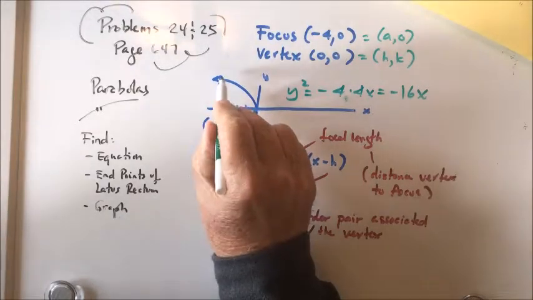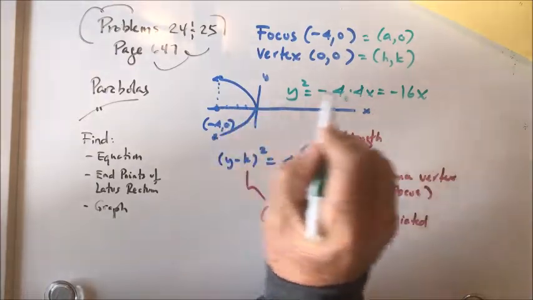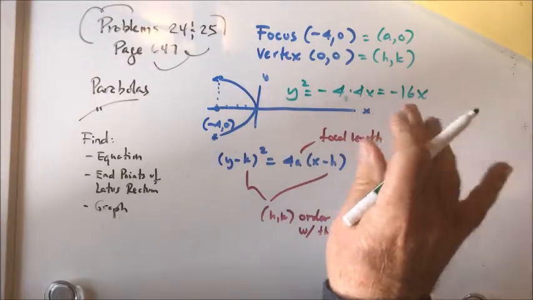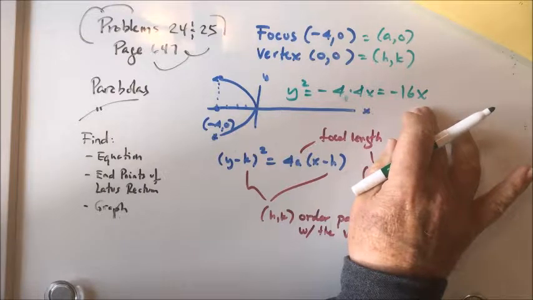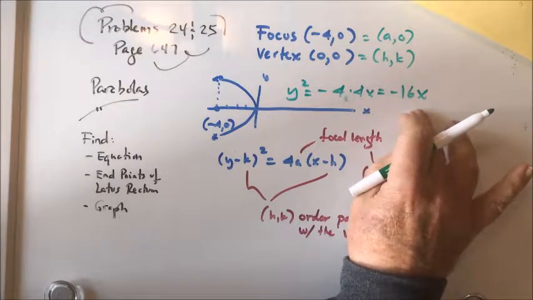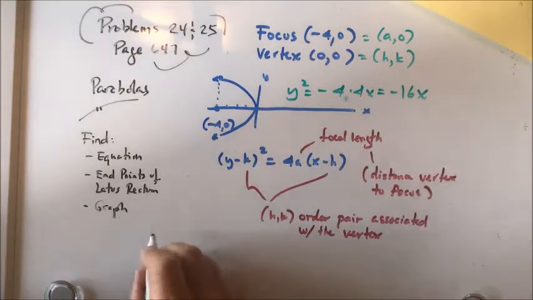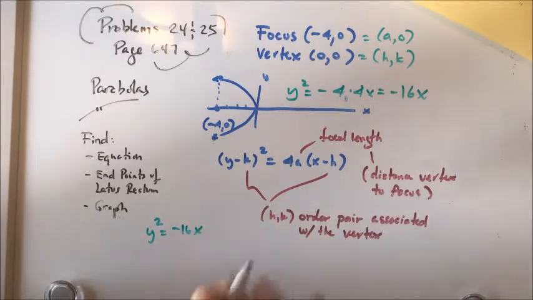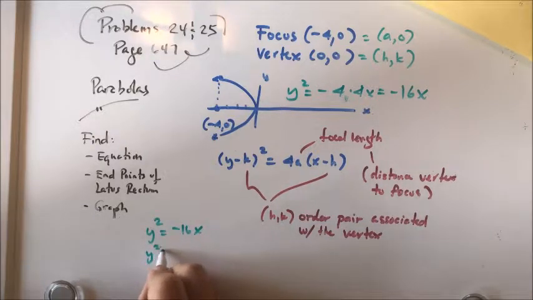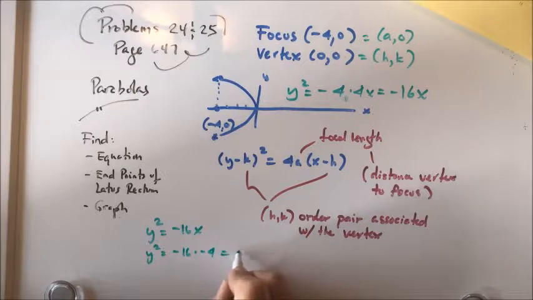Yeah, I have to go find this point. So how do we do that? What we do is we insert the point x is equal to -4 into this, solve for y. So if y squared is equal to -16x and we put -4 in, then y squared is equal to -16 times -4, that's 64.